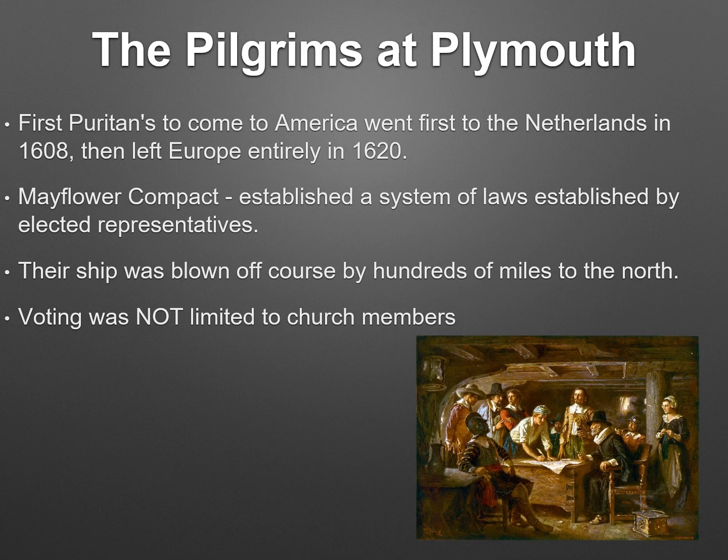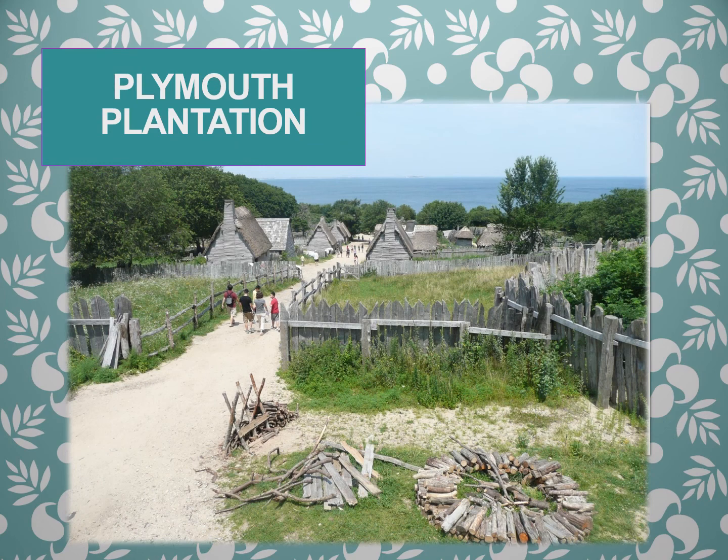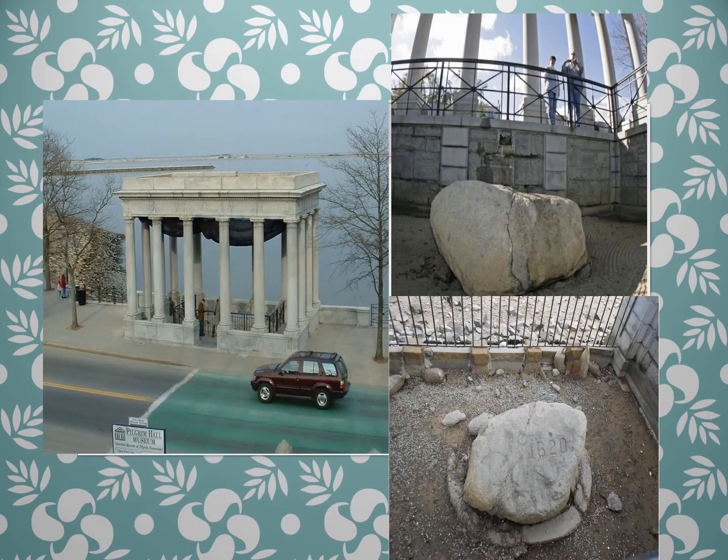That would change over time, and there'd be some established barriers to voting, but initially that was it. Now, when you look at the first Plymouth landing site, it looks much more open than what we had previously seen. The walls are not as tall, the fortifications are not as established, and there's that infamous rock at Plymouth. Even marked in, hey look, this is when we landed.